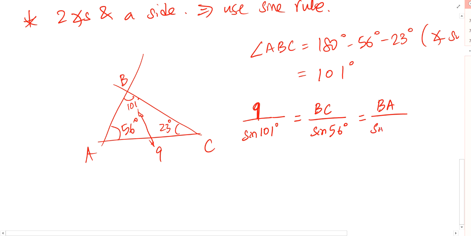BA over sine 23 degrees. This is the application of our sine rule. Do you think you can solve for BC and BA? Yes, because sine 101 is just a number which you can get from a calculator. All these are just numbers that you can get from a calculator. So use your calculator right now and tell me what is the value of BC.